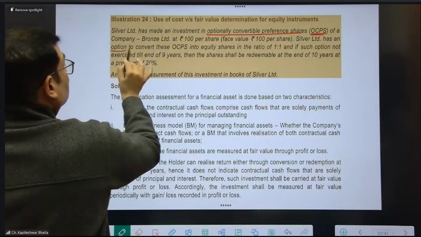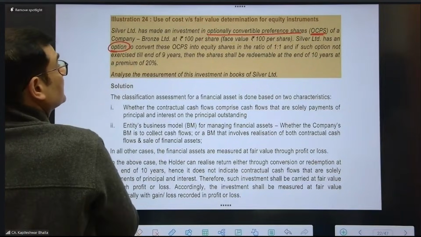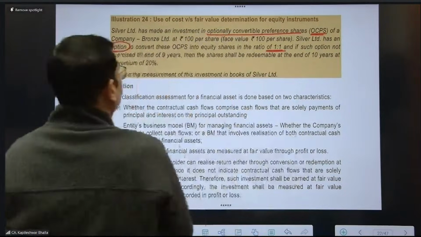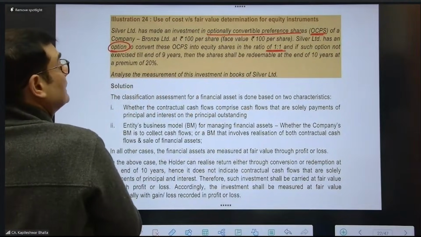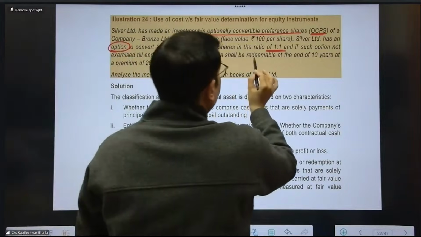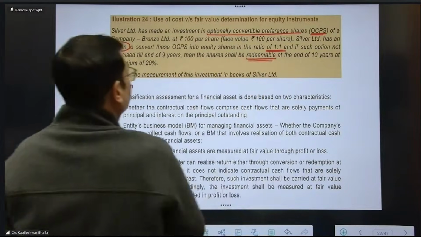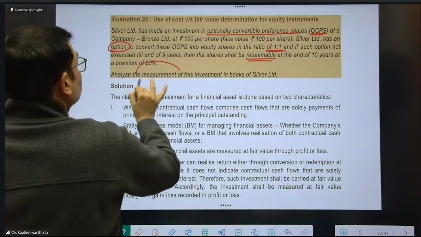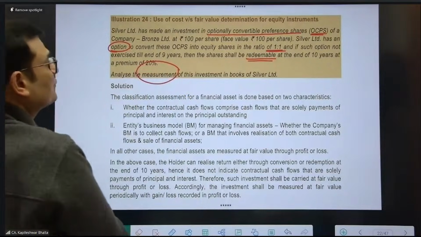Silver has the option to convert the OCPS into equity shares 1:1, and if such option is not exercised till the end of 9 years, then it is redeemable at the end of 10 years at a premium of 20%. Analyze the measurement of this investment in the books of Silver.